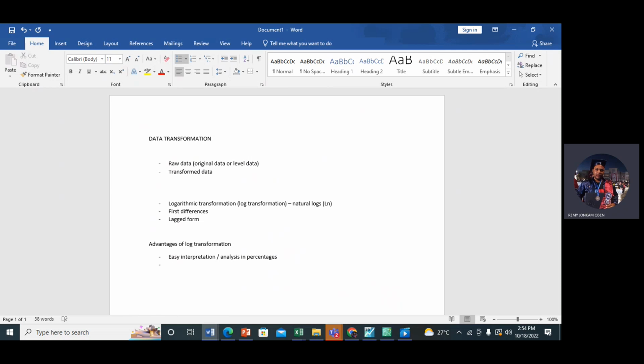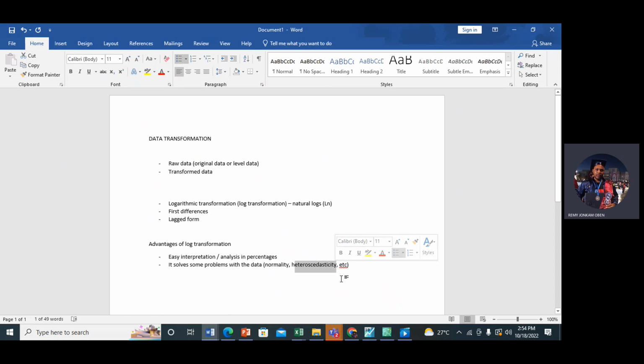Another reason why we can use logs is because it solves some problems with the data, like normality and heteroscedasticity. These are assumptions. We are going to see them subsequently, but for now just know that heteroscedasticity is a problem with data.